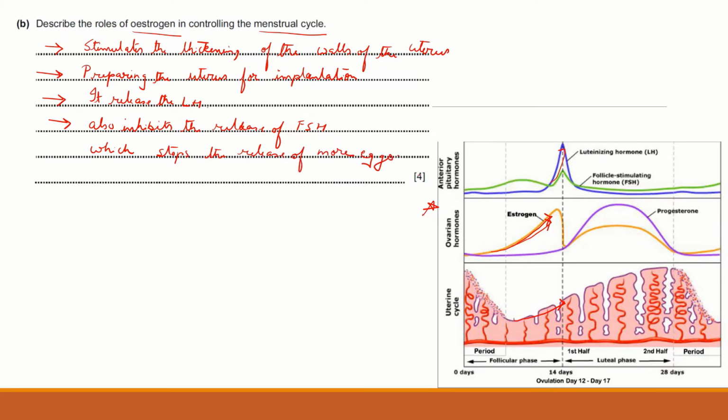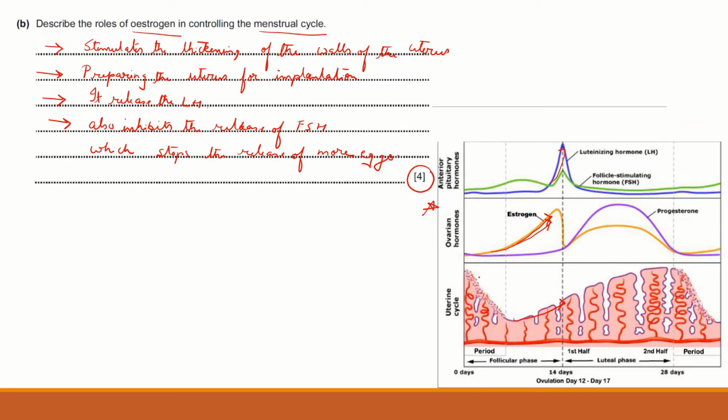So this is for 4 marks, 4 points. I hope the role of estrogen in controlling the menstrual cycle is clear. You can use this particular diagram for understanding your entire menstrual cycle.